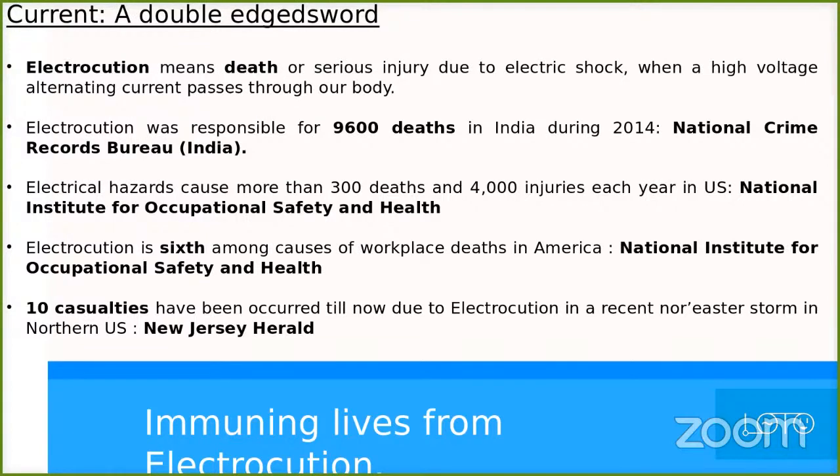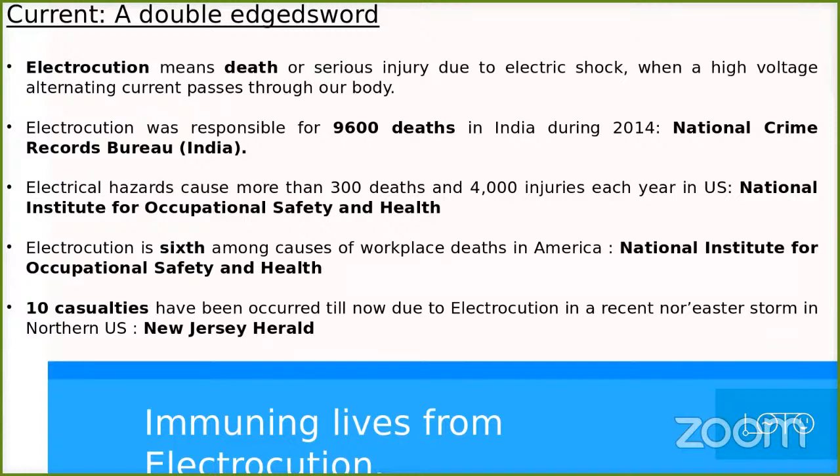So electrocution means death or serious injury due to the electric shock when a high voltage AC current passes through your body, right? Electrocution was responsible for around 9600 deaths in India during 2014, according to the data from the National Crime Records Bureau, India.